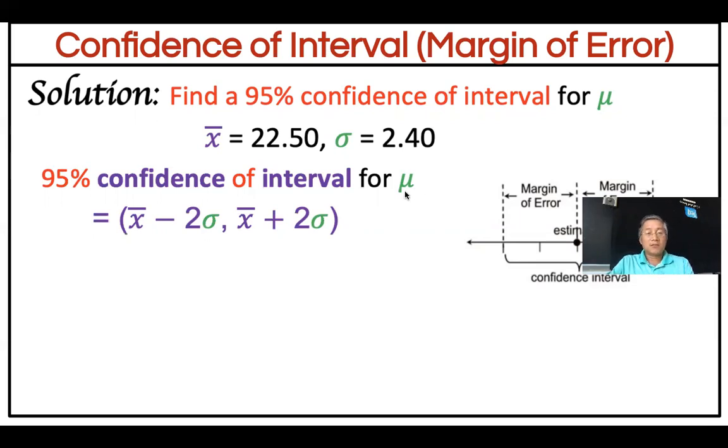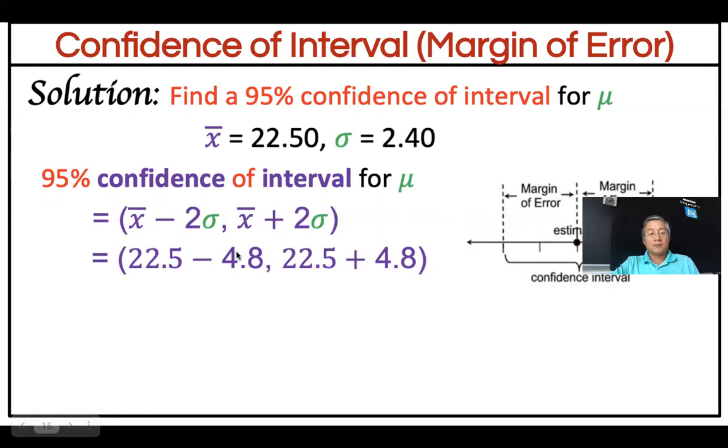So the interval for the population mean can be the sample mean minus 2 standard deviations through the sample mean plus 2 standard deviations. So it'll be like this, right? 2 standard deviations is 4.8. So you subtract and add, and this is the interval, 17.70 through 27.30.